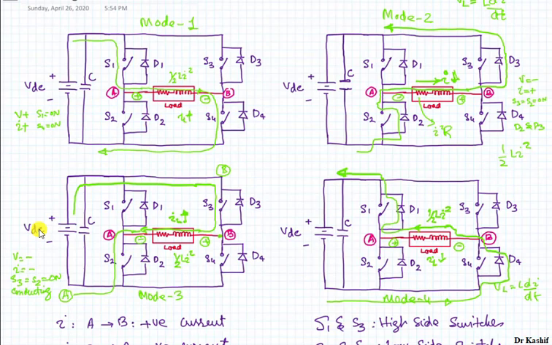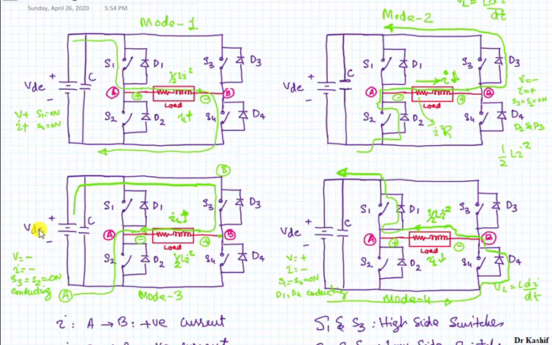And in the fourth mode of operation, our voltage is positive, our current is negative, and the switches S1 and S4 are in the on state, but your diode D1 and D4 are conducting in this mode of operation, right? So this is the summary of what we are getting.